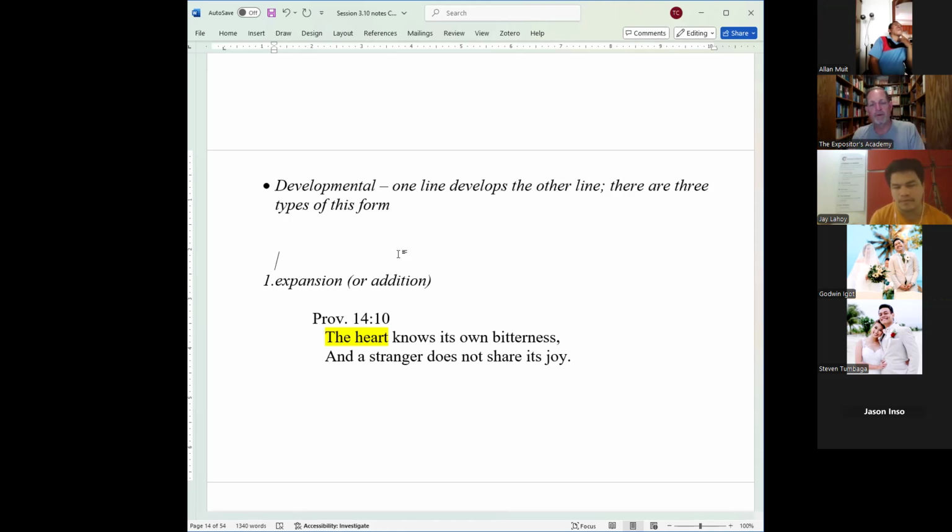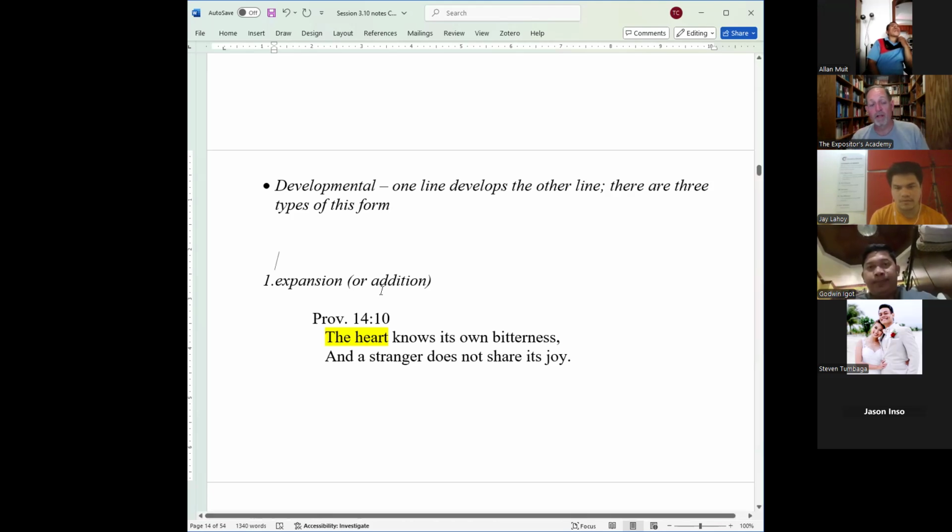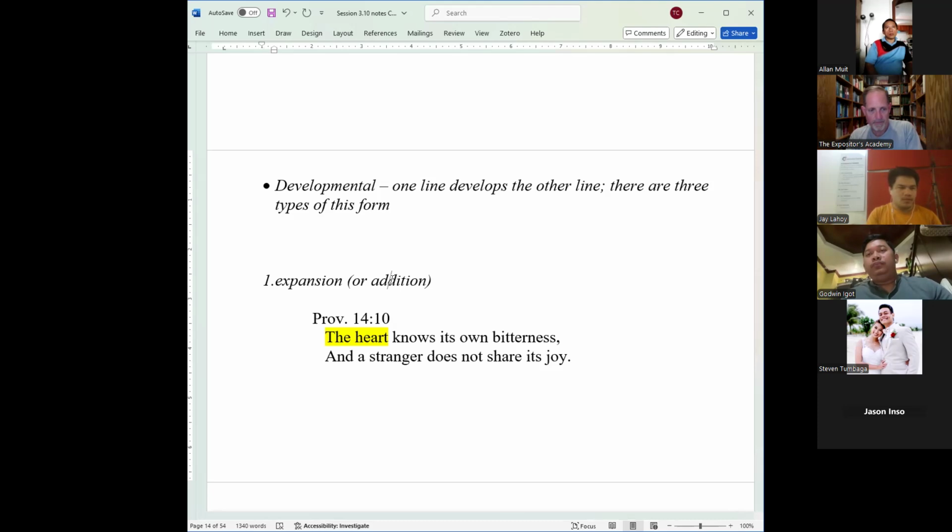This third type is it develops. It can develop by adding to, by explaining, or by giving a reason or result. So the first type of developmental parallelism is this expansion, or we could say addition. The second line is adding something to the first. It's not synonymous.